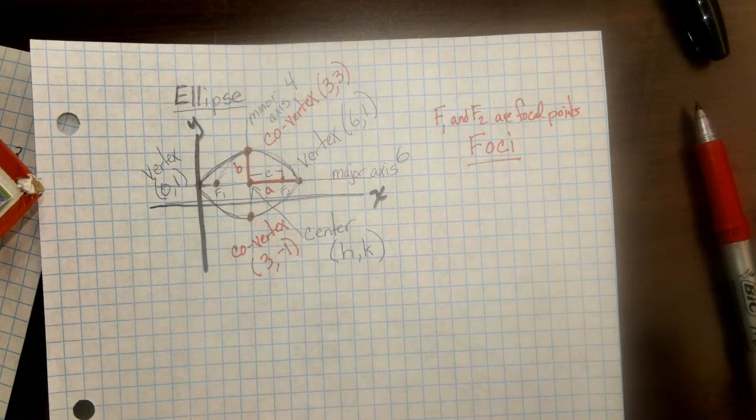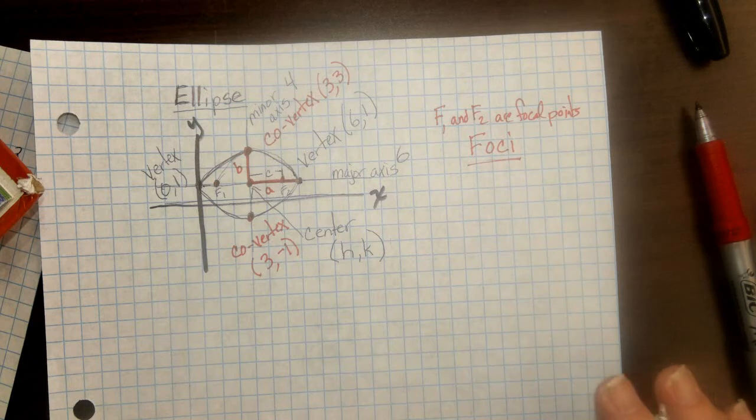And so there's a relationship with A, B, and C that comes from the Pythagorean theorem, but the letters are not going to be the same as you're used to in the Pythagorean theorem, because C is not going to be the hypotenuse. All right.